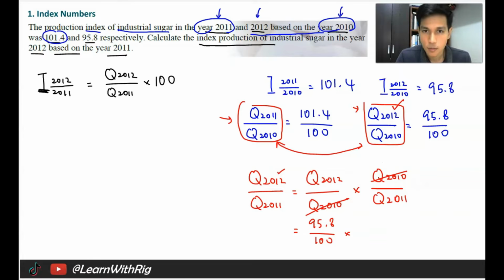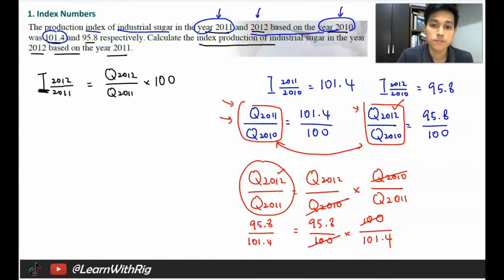This one is the reciprocal, so I have to invert it as well, and it becomes 100 over 101.4. Here you can cut, so your answer should be 95.8 divided by 101.4. This is your Q2012 based on Q2011.